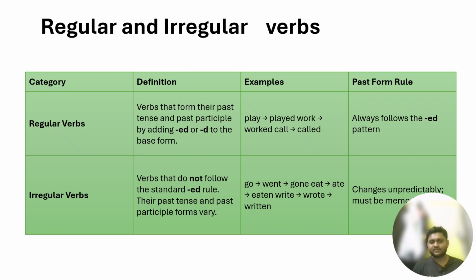Other example would be eat V1, ate V2, eaten V3. And the third example would be write V1, wrote V2, and written V3. Irregular verbs change unpredictably, and we have to remember all the three forms of irregular verbs.